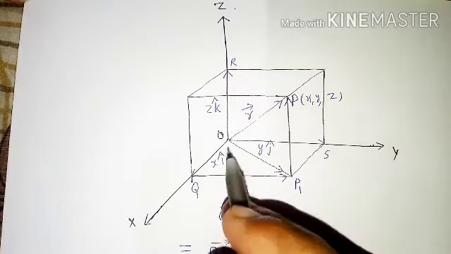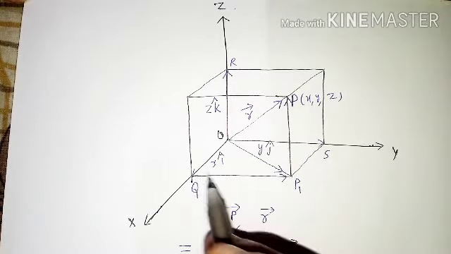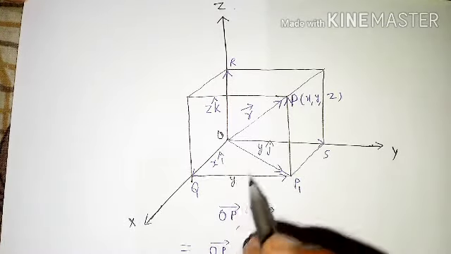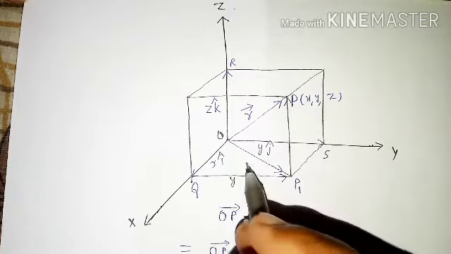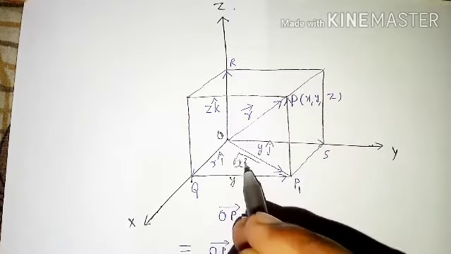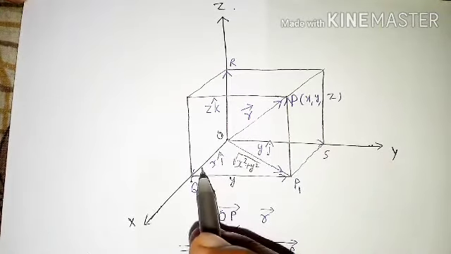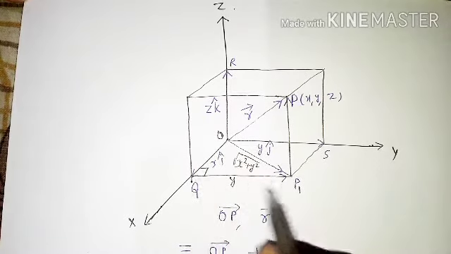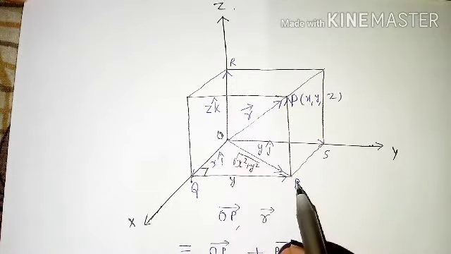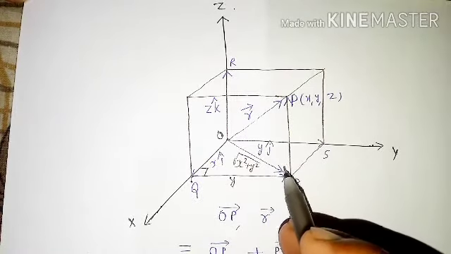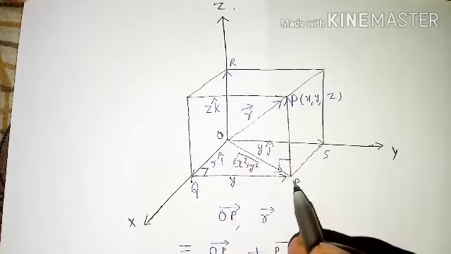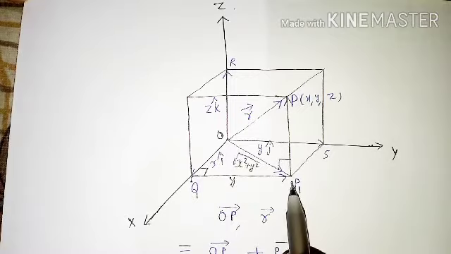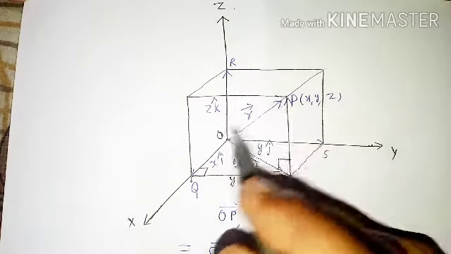Here OQ is x, QP1 is OS, so y, so OP1 by Pythagoras theorem is square root of x square plus y square. This triangle is right angled, so you can apply Pythagoras theorem here. Again this triangle OP1P is a right triangle, with OP1 equal to square root of x square plus y square, and P1P equal to OR, so this is z.